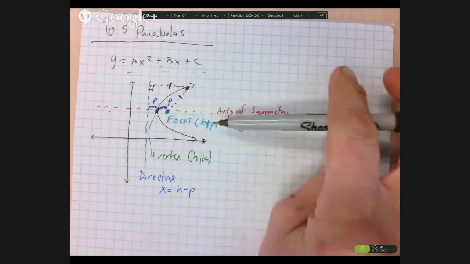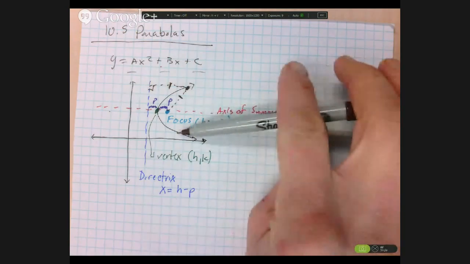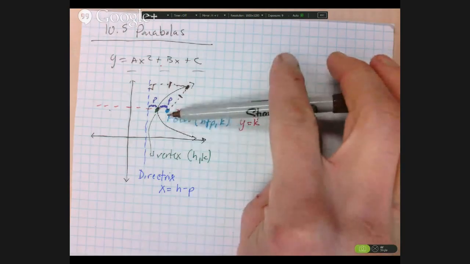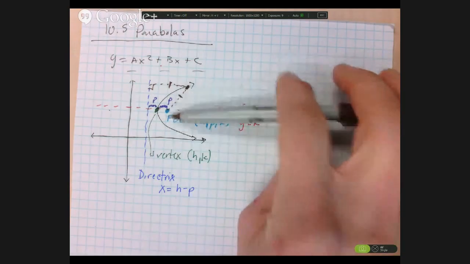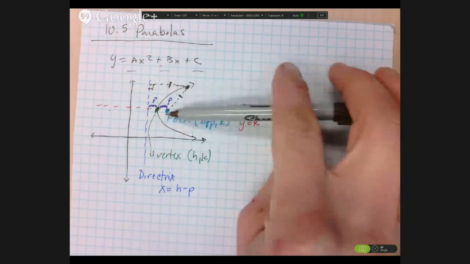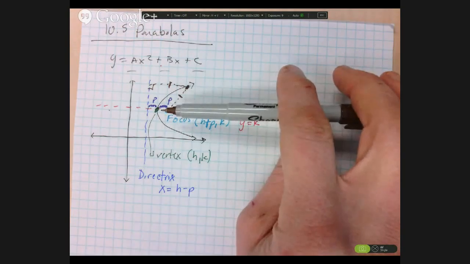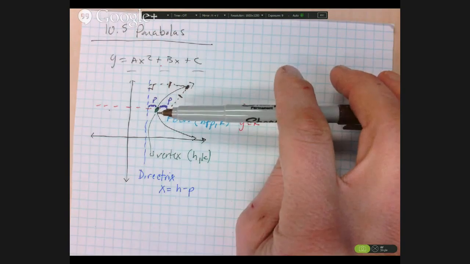Any signal coming into this parabola, like a satellite TV signal, is going to get bounced to the focus. That's why if there's snow on your dish, it doesn't work, because the signal gets bounced in a funny direction. You knock the snow off, dish restored.